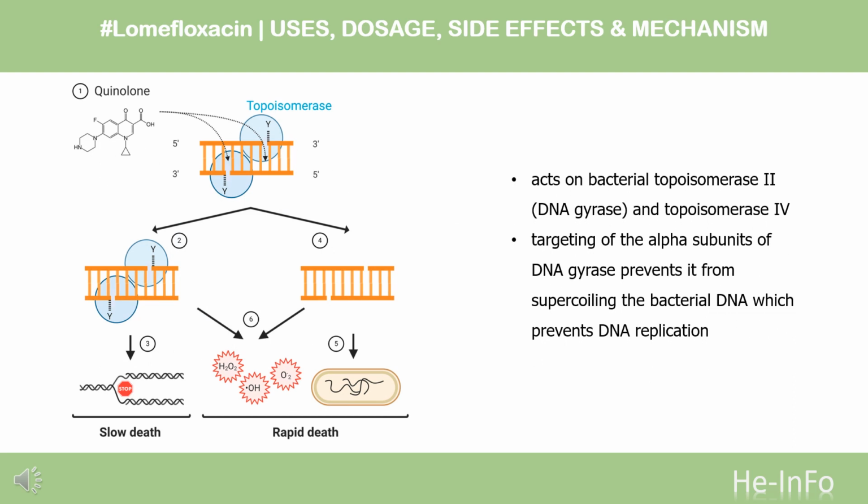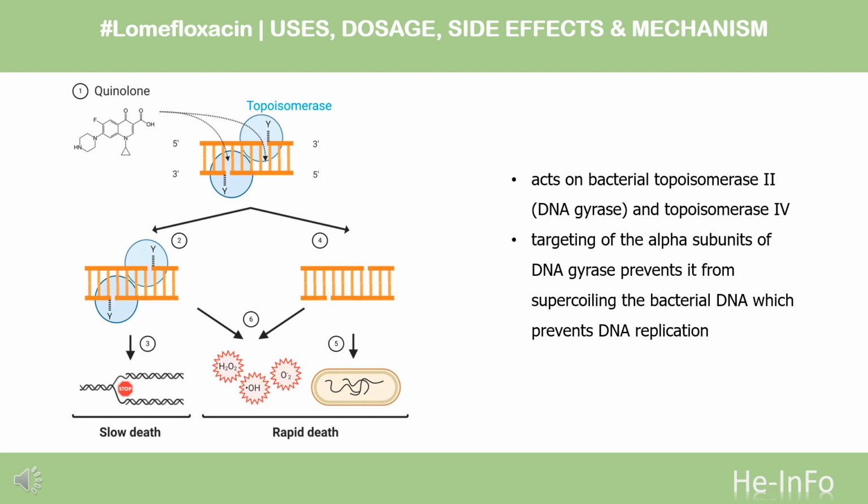Mechanism of action. Lomefloxacin is a bactericidal fluoroquinolone agent with activity against a wide range of gram-negative and gram-positive organisms. The bactericidal action of lomefloxacin results from interference with the activity of the bacterial enzymes DNA gyrase and topoisomerase 4, which are needed for the transcription and replication of bacterial DNA.